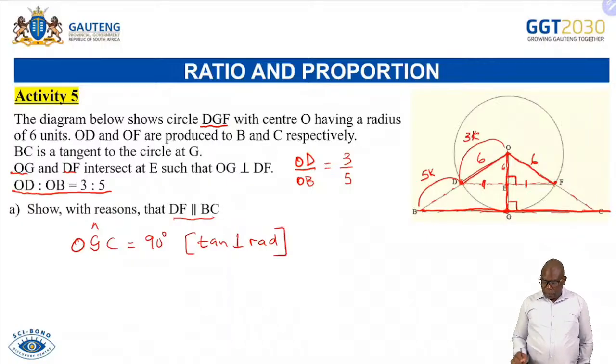Now, if this angle and that angle are equal, you see that one is above the line here, this one is above the line. What can we say these 2 angles are? They are not alternating, but they are corresponding angles.